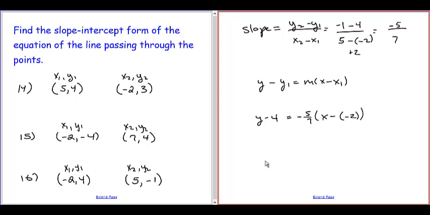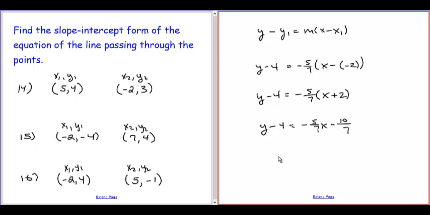So I want to go ahead and take the additive inverse of negative 2, which is positive 2, then multiply this out. So 5 times 2 is 10. Don't forget the negative sign: negative 10 sevenths. We're going to take this negative 4 and move it to the other side, so this will become positive 4.